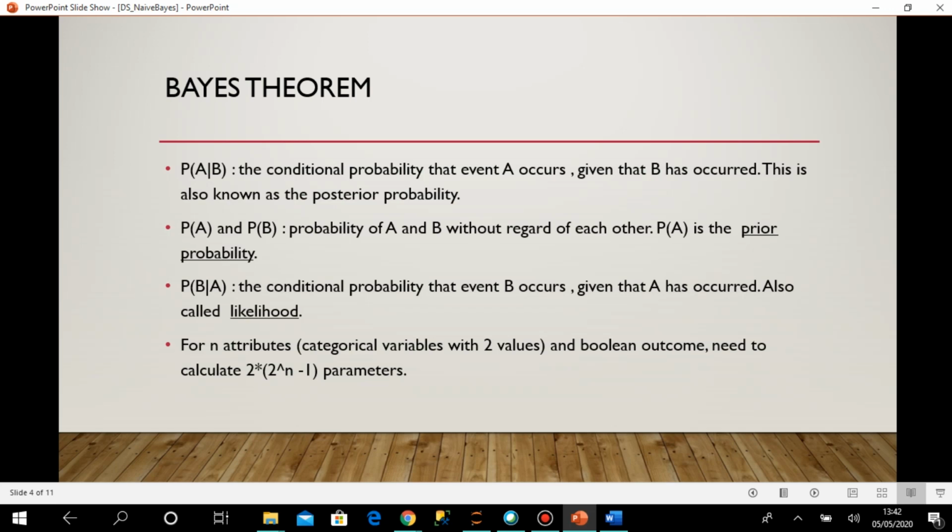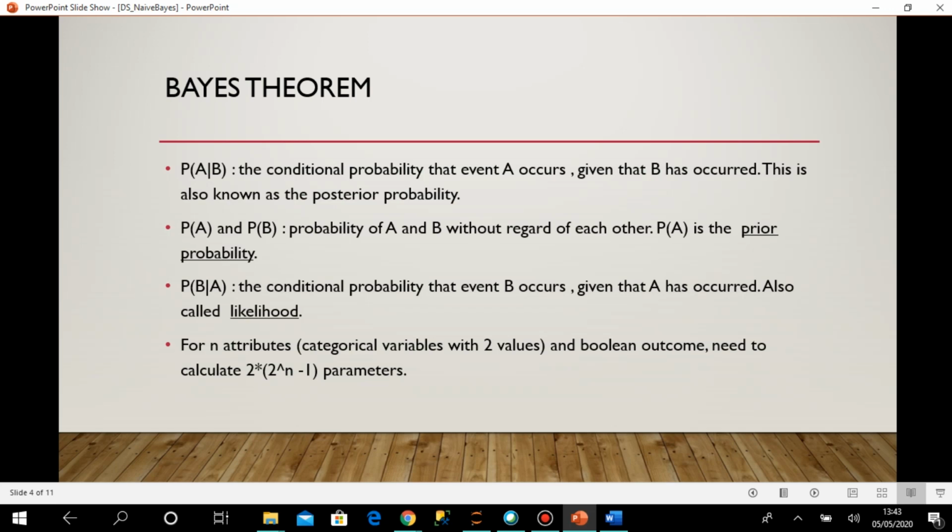A better explanation: suppose you have a data set with a number of features and an outcome that you already know. Based on the features we determine the target. It is a boolean outcome, so suppose the target has only the outcomes 0 and 1, and there are n number of features.